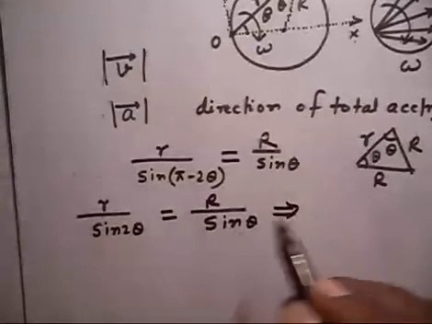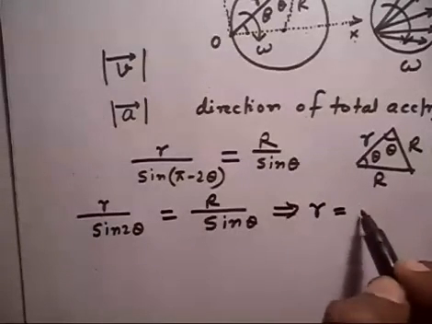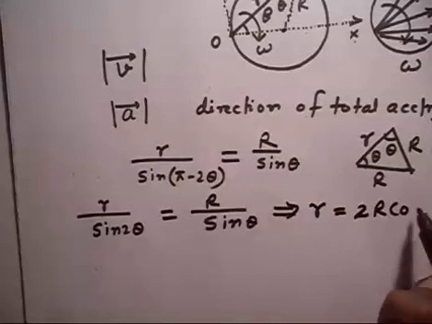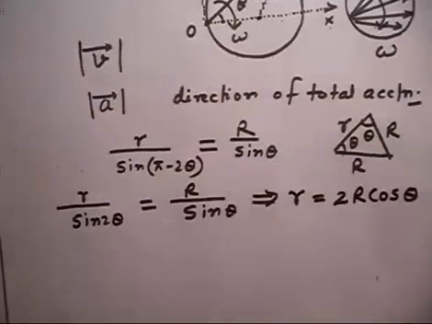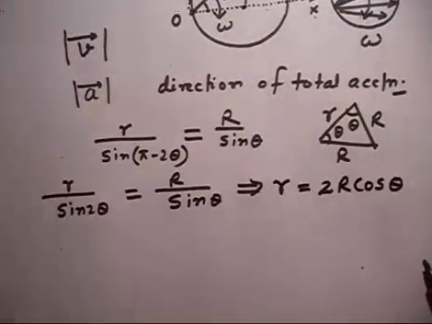Sine 2 theta is 2 sine theta cos theta, so sine theta cancels out and r equals 2R cos theta. So I can solve for r now.